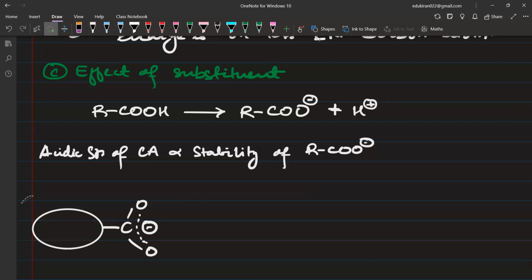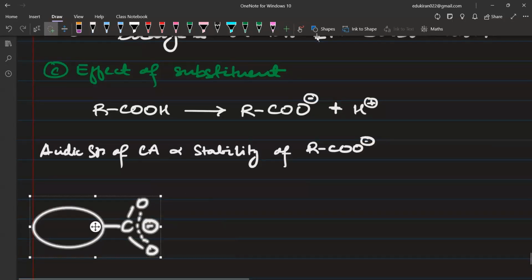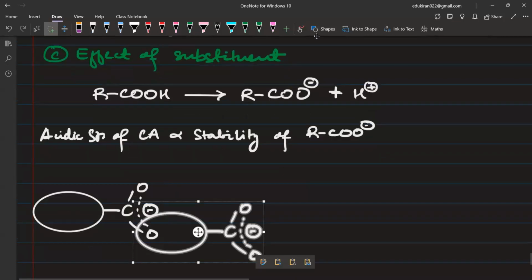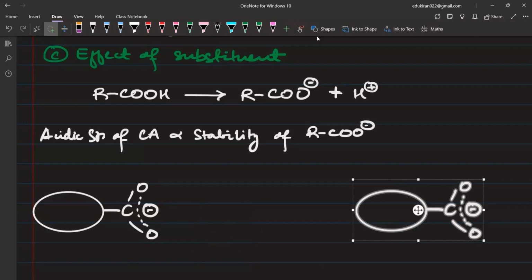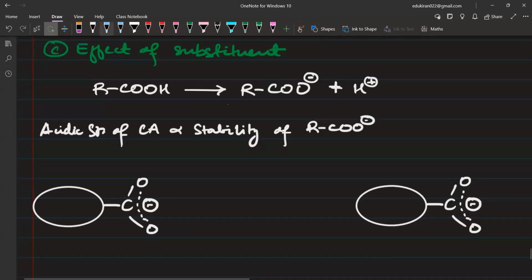So there are two cases you can have. You can either have an electron withdrawing group or you can have an electron donating group. ठीक है, दोनों केसेस को देख लेते हैं, देखिए जरा. So if you have an electron withdrawing group, it will pull the electron density, then what will happen?